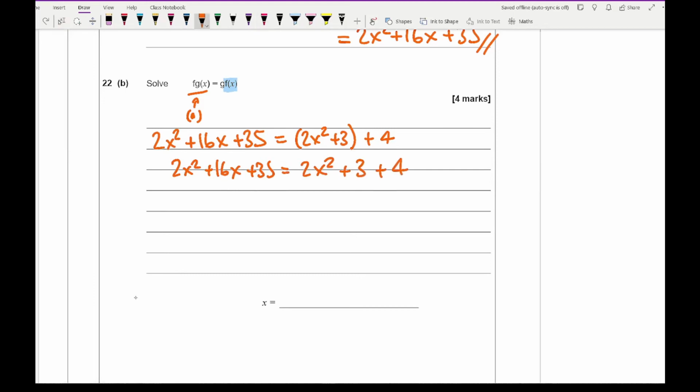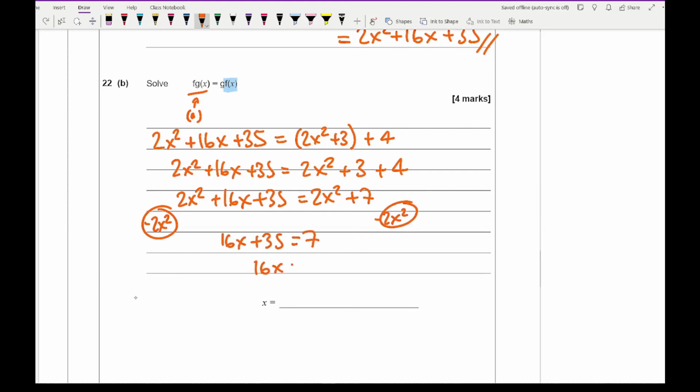So we get 2x squared plus 16x plus 35 equals 2x squared plus 7. Then from this, I can take away the 2x squared, minus 2x squared, and I end up with 16x plus 35 equals 7. 16x equals minus 28, and x equals minus 28 over 16, which simplifies and gives me a decimal of minus 1.75.